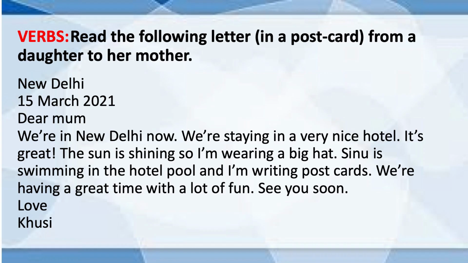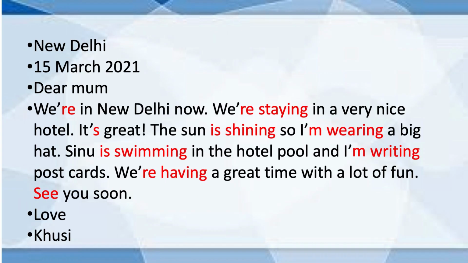So, this is the letter, and you see in this letter the words which are in red color: are staying, is shining, am wearing, is swimming, am writing, are having, see. So, these red color words are called verbs in the sentences, right.